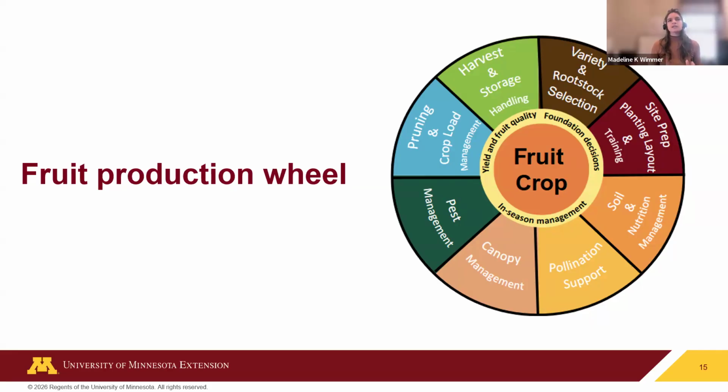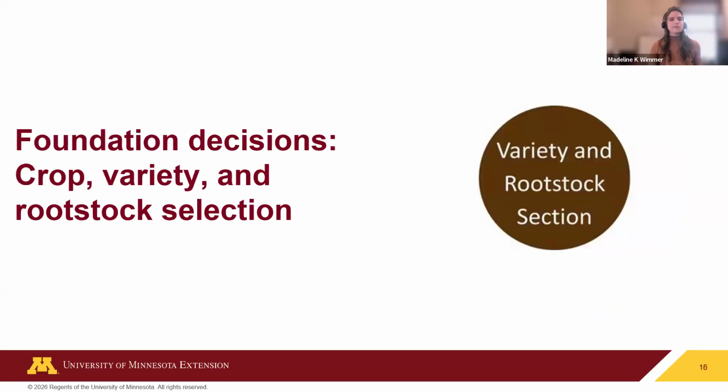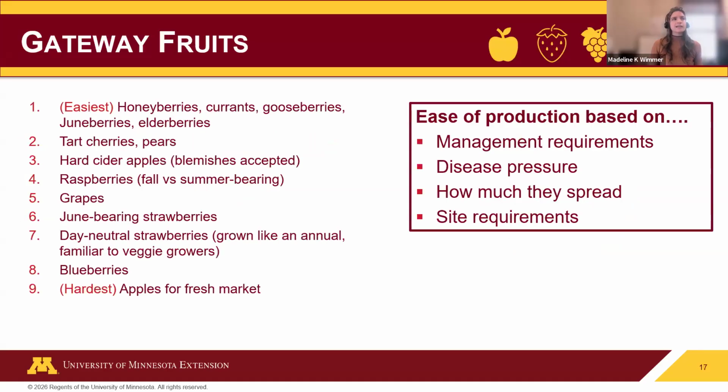In-season management, which includes pest management, canopy management, pollination support, along with soil and nutrition management. And then yield and fruit quality control, so pruning and crop load management, harvesting and storage. We'll walk through all this, see where we get to today, but hopefully we'll get through all of these slides. So we'll start off here thinking about foundational decisions with crops, varieties, and rootstock selection.